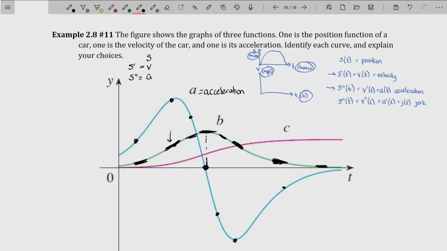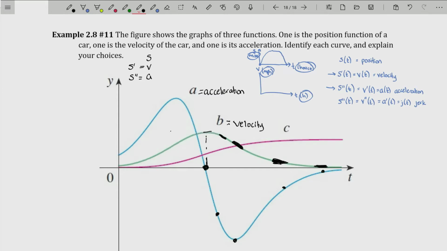Slope of the tangent line right here, it's still negative, but almost zero, and so is the y value there. So it looks to me that the blue curve A is the derivative of the green curve B. So B must be the velocity, because if A is the derivative and A is the acceleration, well, acceleration is the derivative of the velocity.